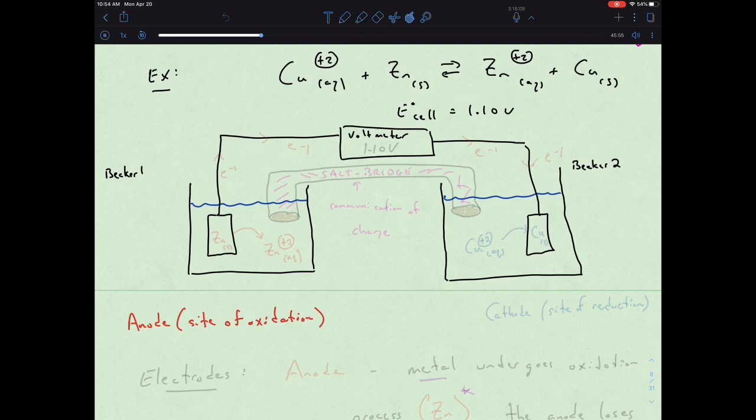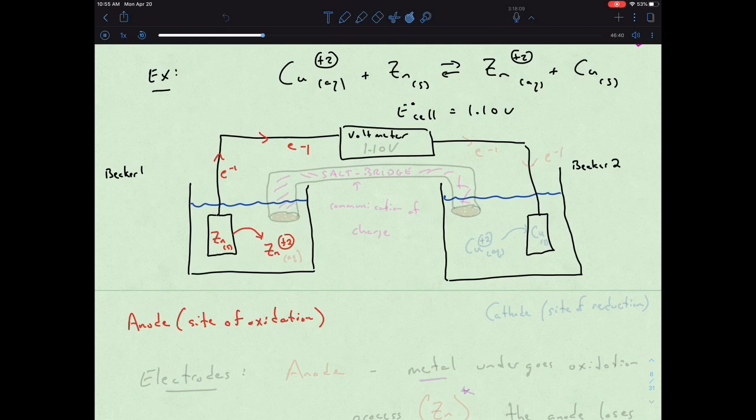So if we look at our above reaction, we would have the zinc here. The zinc is going from zinc solid to zinc plus 2. And those electrons are headed over across the actual copper wire, right, via conductance.